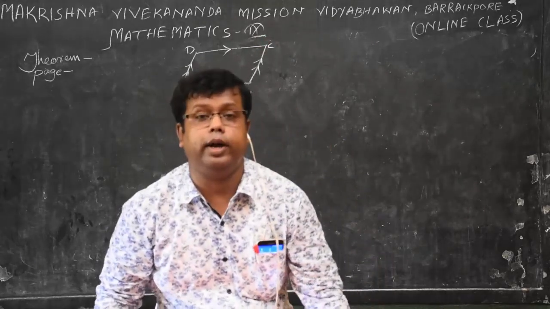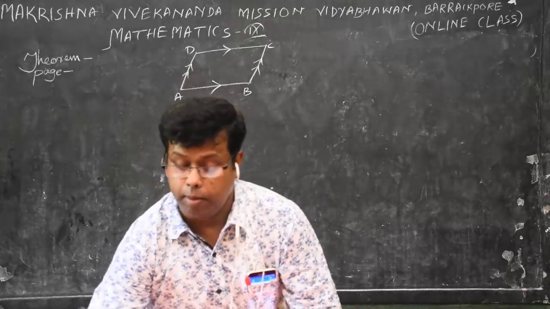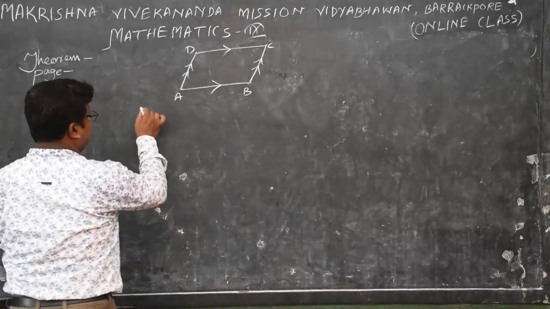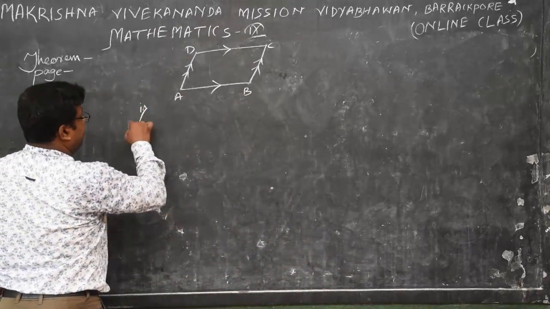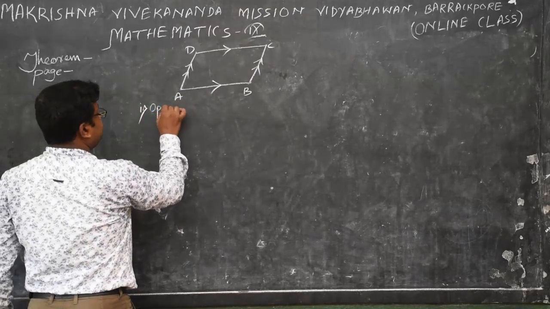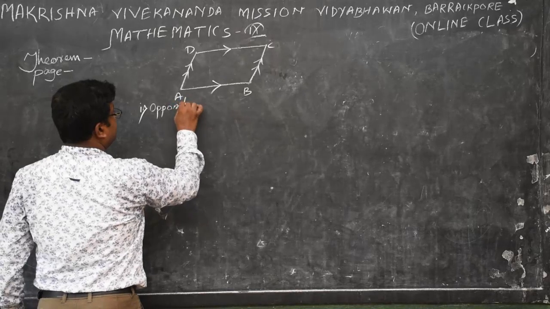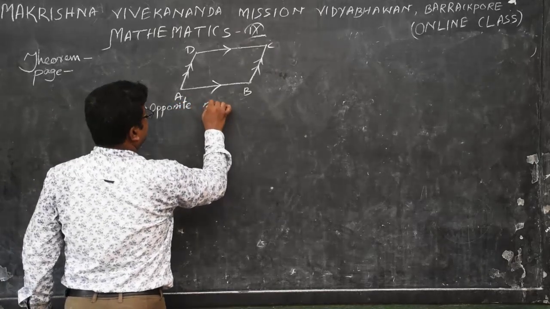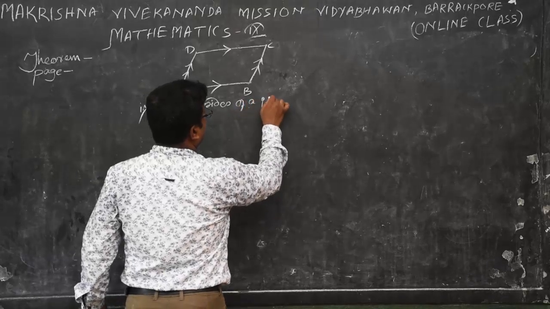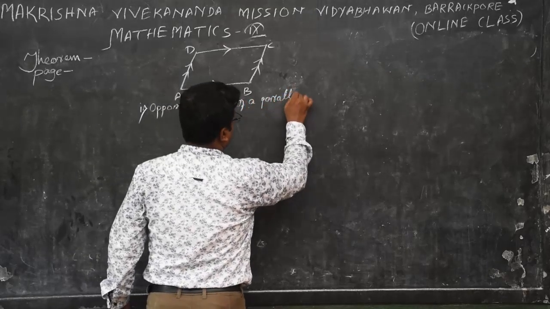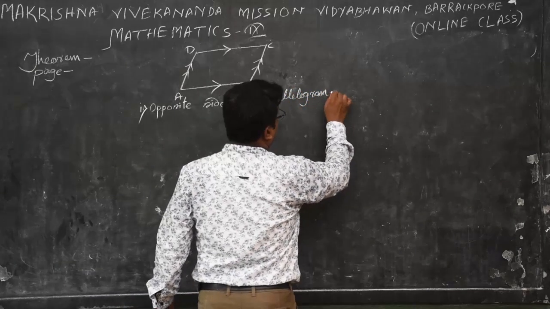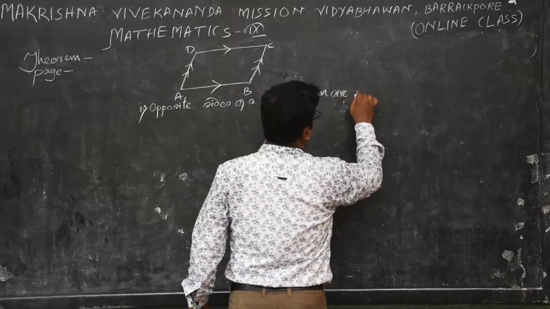After that, you have to understand some properties of parallelogram. Which are the properties of parallelogram? Number one, I am writing the properties of parallelogram. Number one, opposite sides of a parallelogram are parallel to each other.